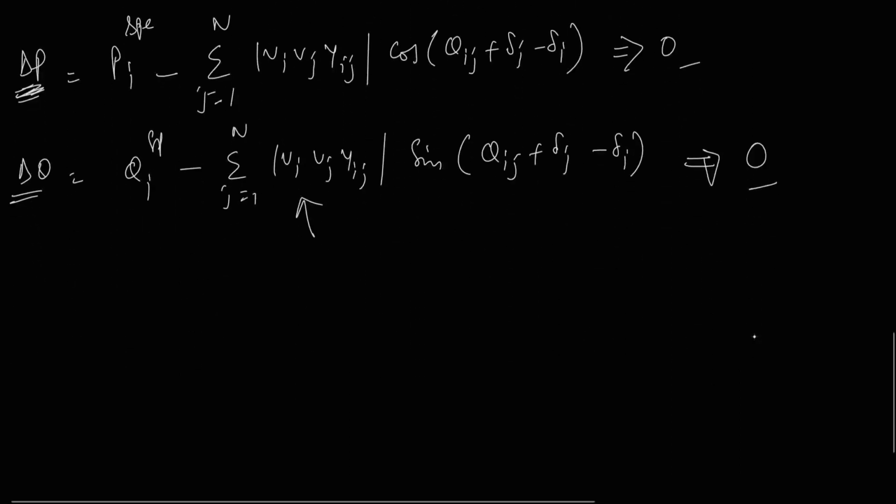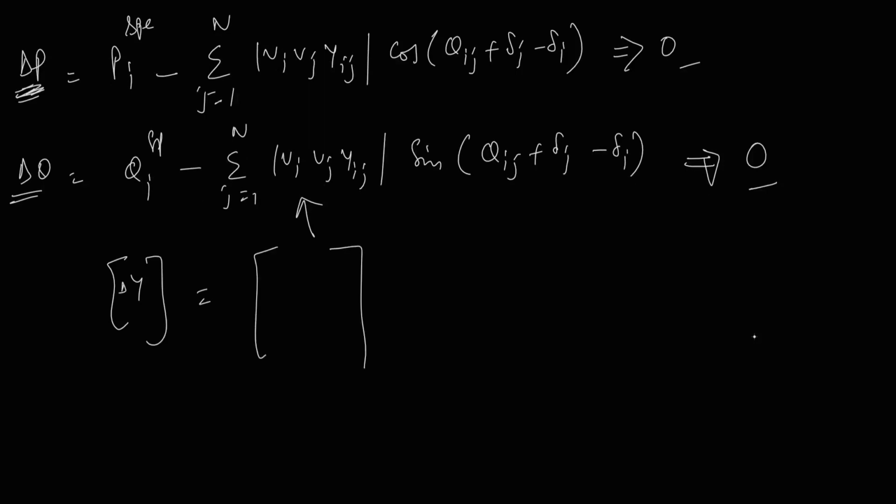Now this delta y is a set of delta P's and delta Q's, and these delta P's are evaluated at all buses except slack.